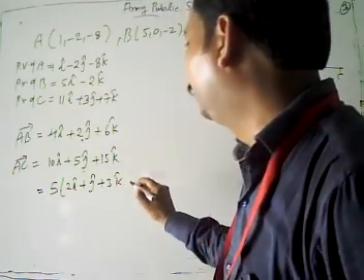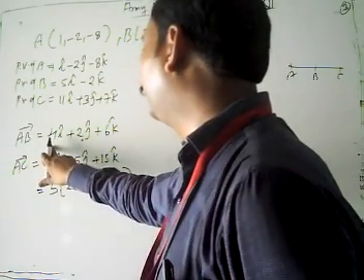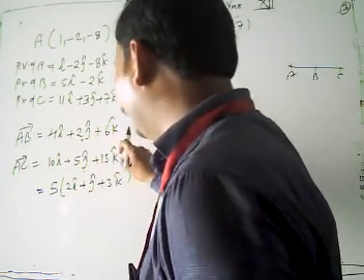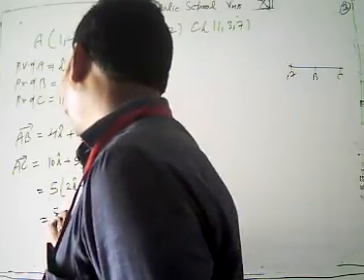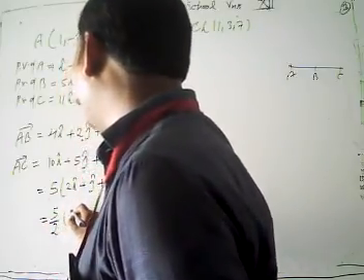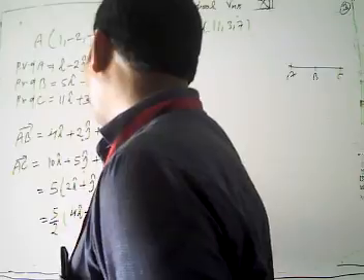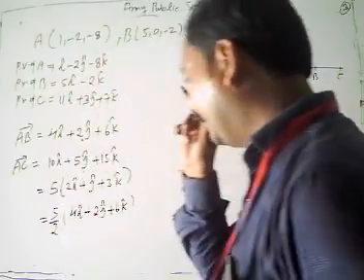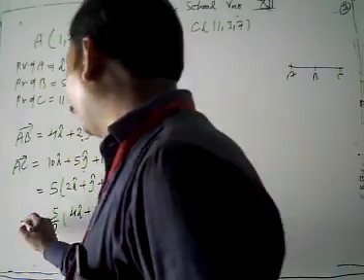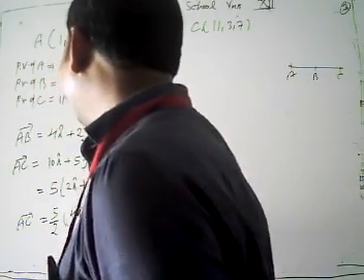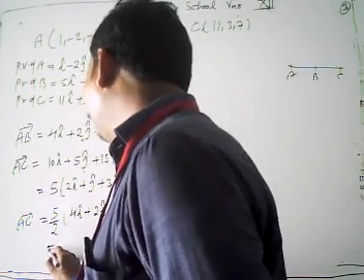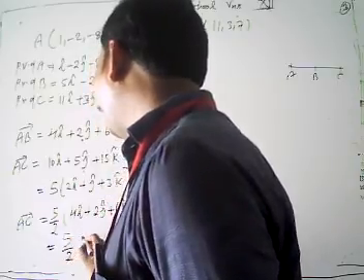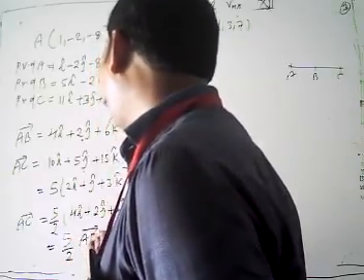But look, our AB is 4, 2, and 6. So what do we do? Multiply and divide by 2. Then we get 4i cap plus 2j cap plus 6k cap. Now look, our AC is given by 5 by 2 of vector AB.